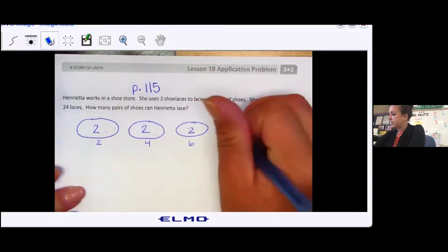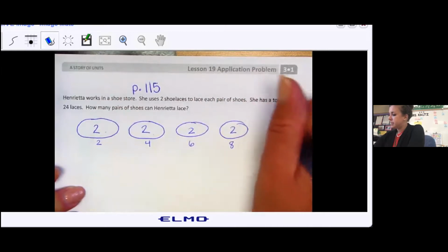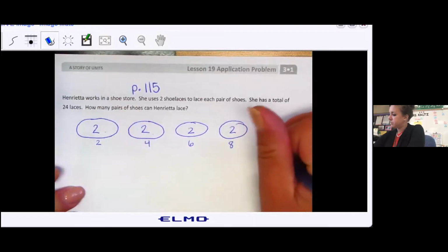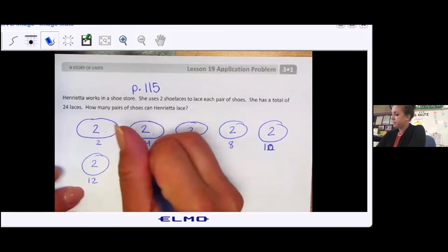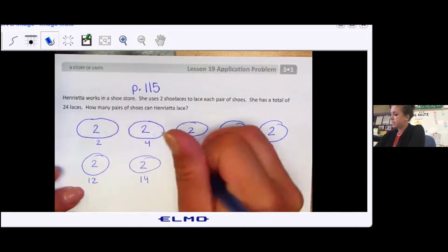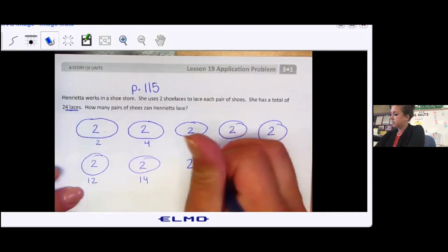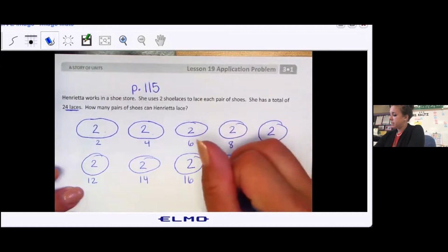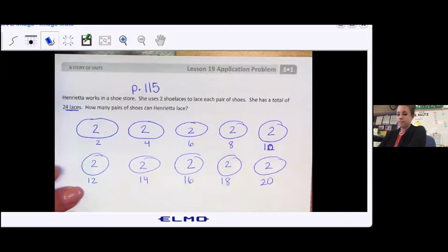2, 4, 6, 8, 10, 12, 14, and I'm going to go until I hit 24 laces. 16, 18, 20.